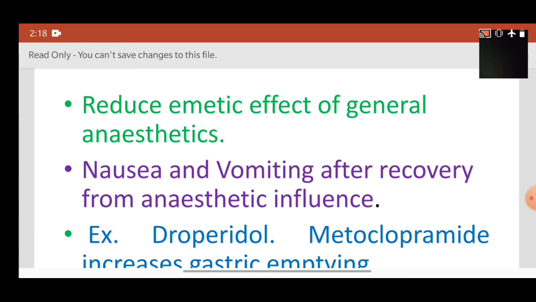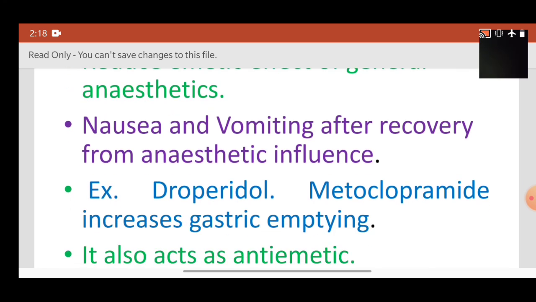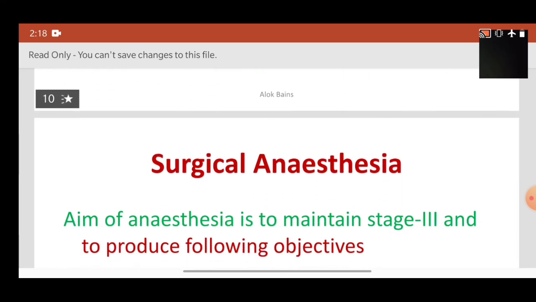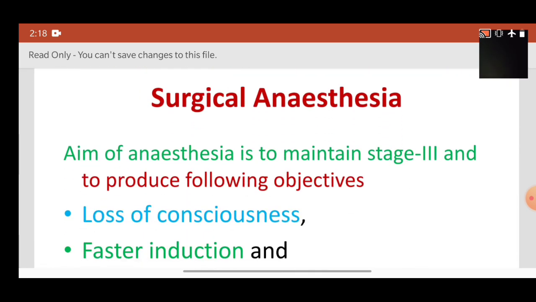Thus, these anti-emetic drugs are used to prevent nausea and vomiting. Example are droperidol or metoclopramide. These drugs help to empty gastric content, and in absence of gastric content there shall be no nausea and vomiting.